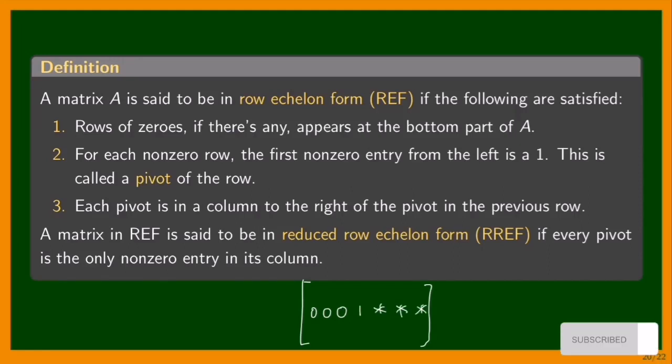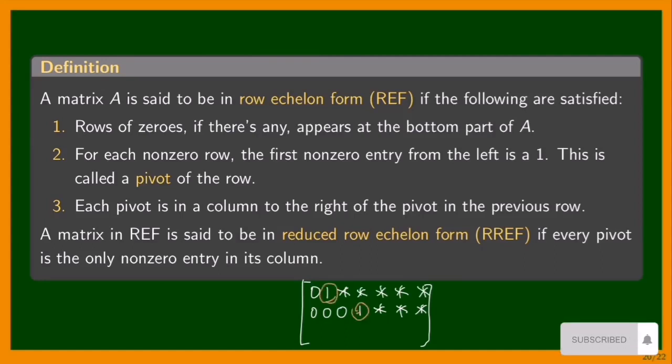Now, let's say there is a row before it, na may previous row. Siyempre, kung naka-row echelon form to, dapat kung non-zero row ito, ang unang entry mula sa kaliwa ay 1 ulit. Tapos ito, something else. So, these are the pivots. You look at the pivots. Ito ay pivot, pivot. Alright.